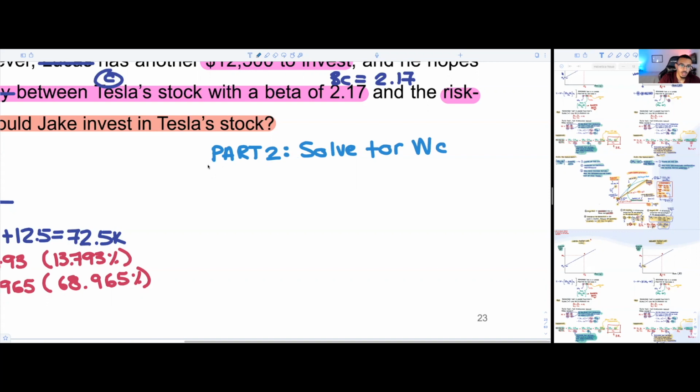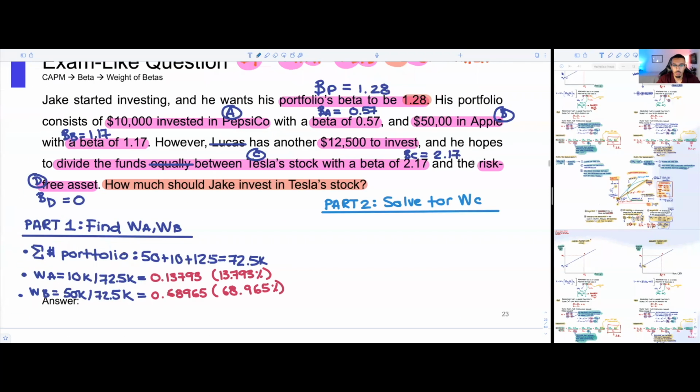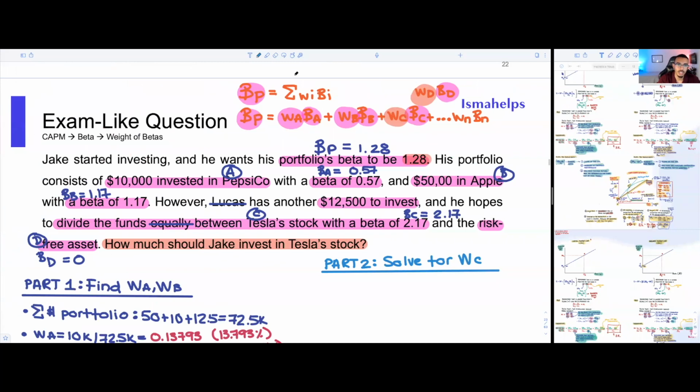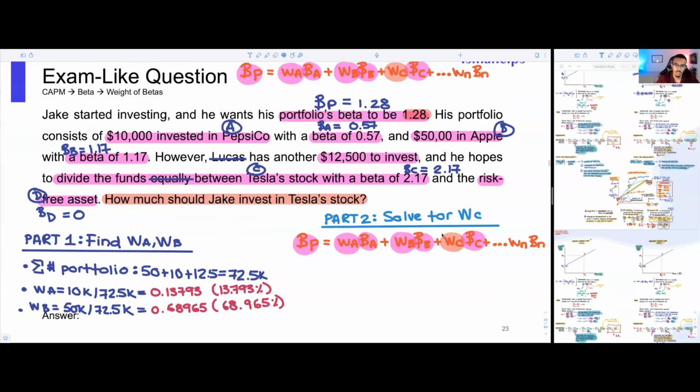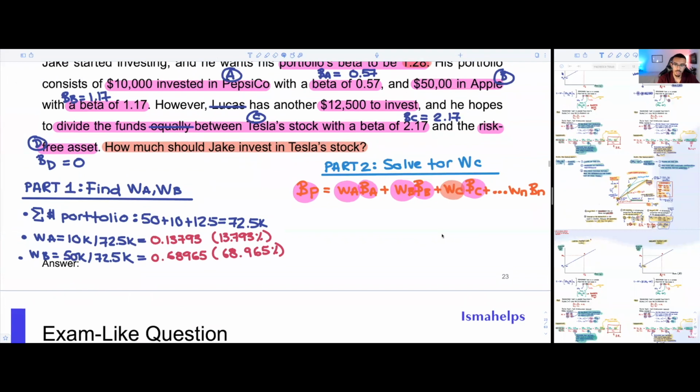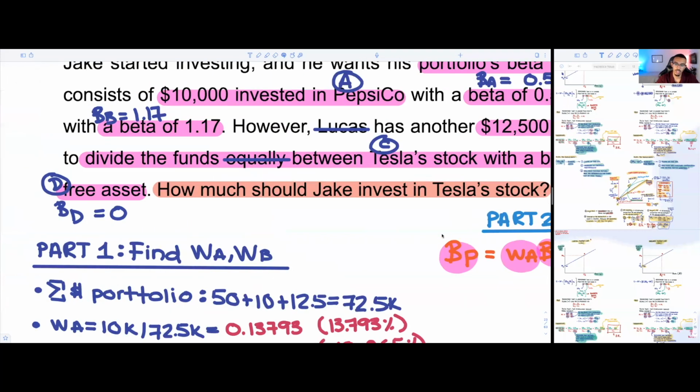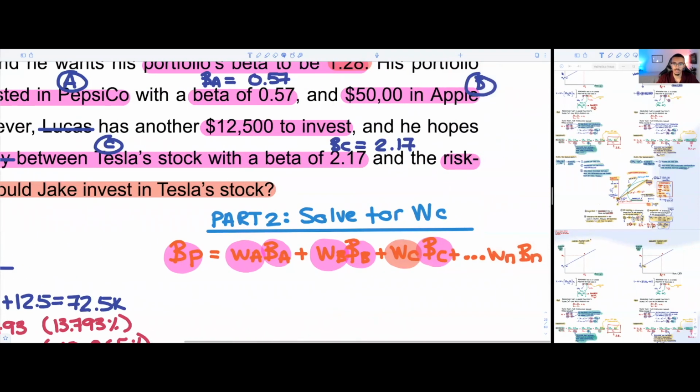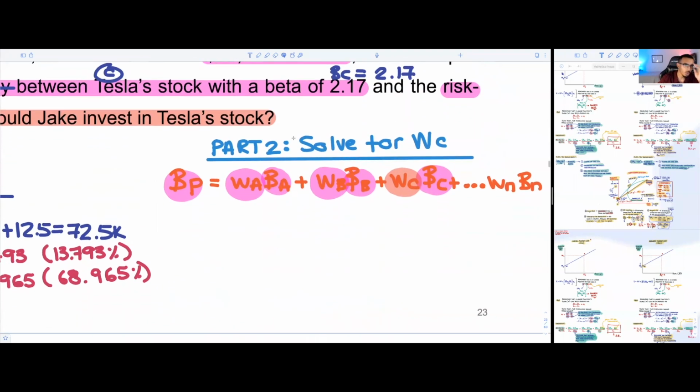Okay. Now, once again, if we take a step back, we could highlight the formula that we used right here, and we're going to copy it to display what we're going to need to do. All right. So this is interesting because we know what the portfolio beta is that we're seeking.